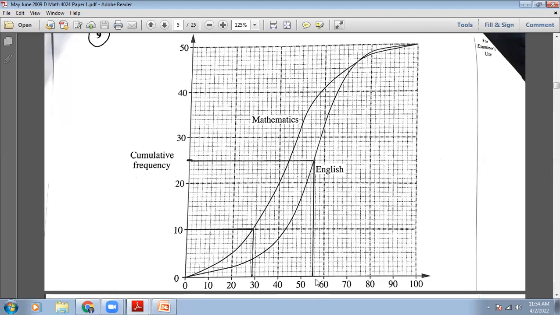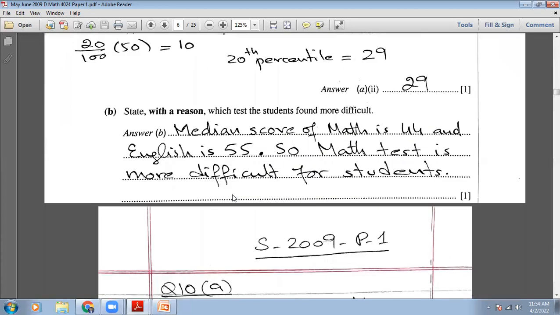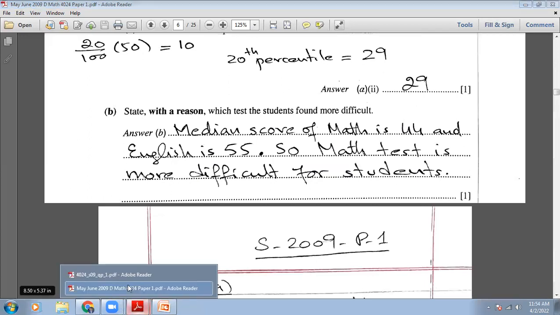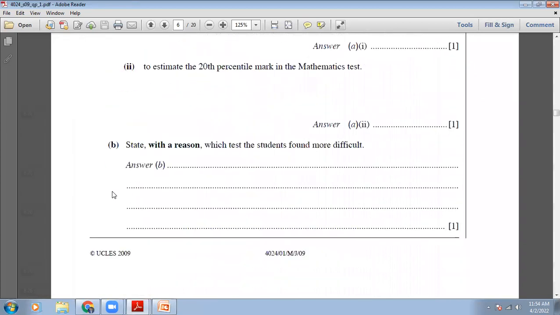And the median marks for the English are 55. So in the mathematics, they have scored less marks. So it means the mathematics test was more difficult as compared to the English test. The median score of the mathematics is 44 and the English is 55. So the math test is more difficult for students. Hopefully you understand. I have already checked the answers with the marking scheme.